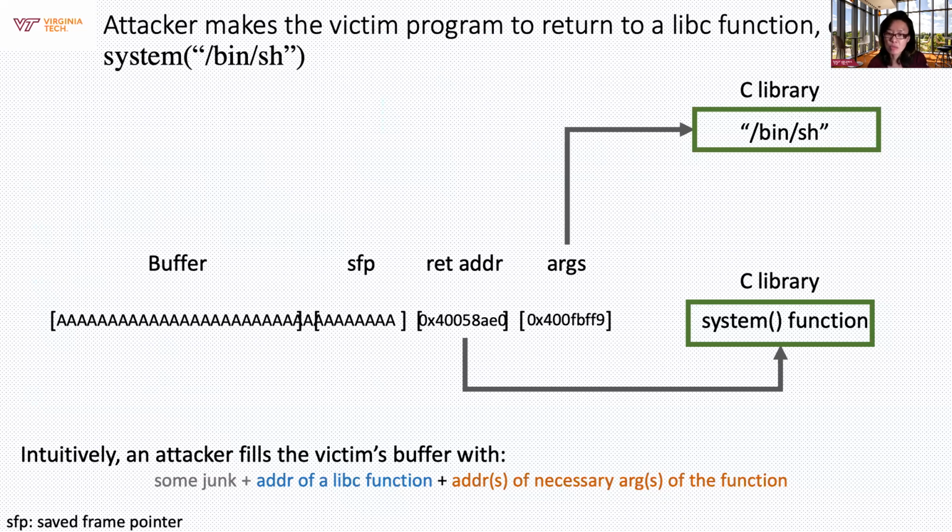To prepare the arguments, you have to give the address of this string /bin/sh and put it on the stack. So when this function call is executed, the argument will naturally pop and be used as an argument to this function call.